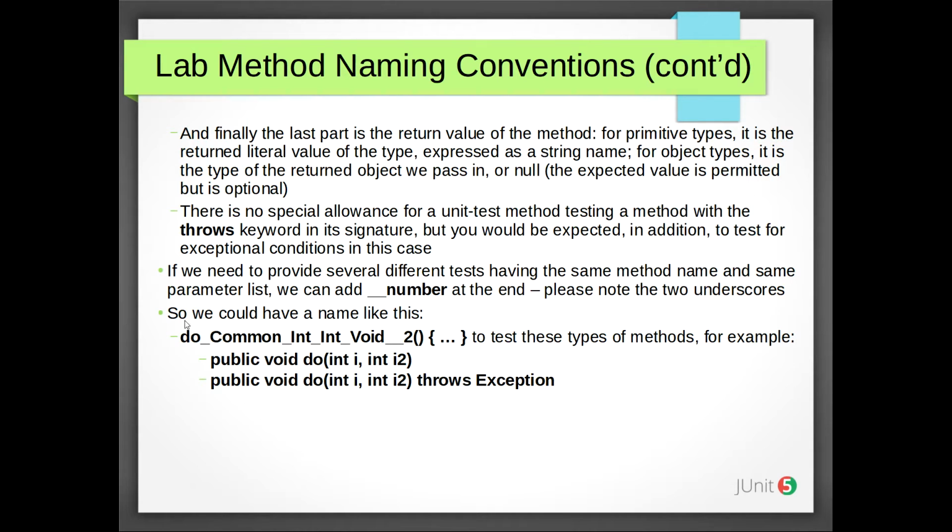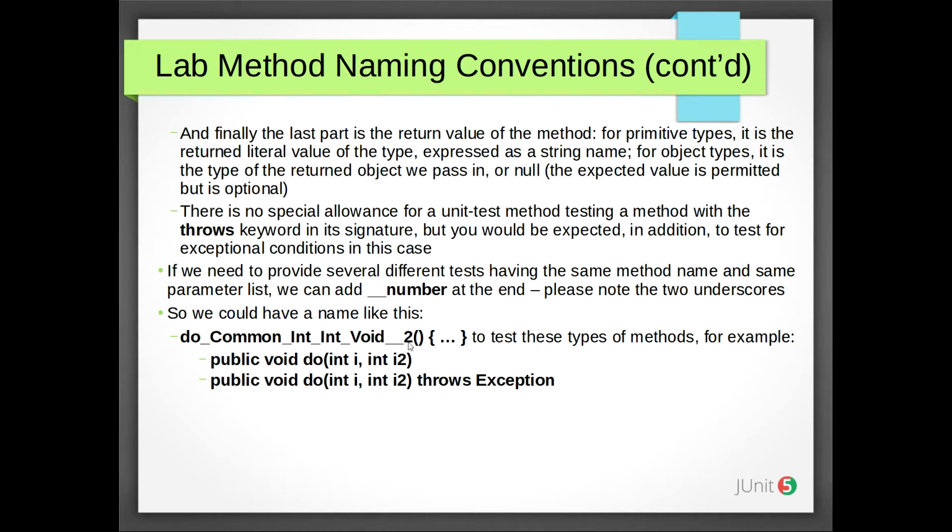So examples begin. So we could have a name like this. If we have a unit test method called do, then we do underscore common, because we're testing a common case. We are passing an int, and we are passing a second int, and it returns a void.